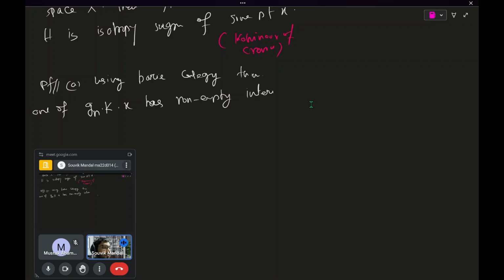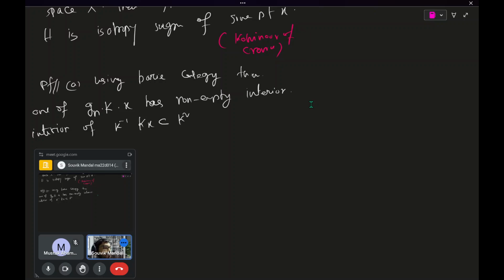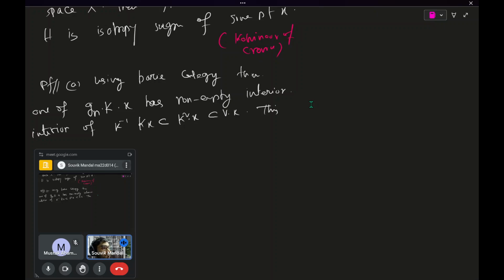An interior of K^{-1}.X is equal to K^2.X equal to B.X. And this completes the proof. This completes the proof for the second point.